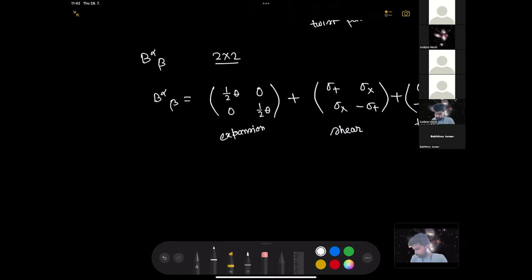So we can write it as a linear combination of expansion, shear, and rotation.